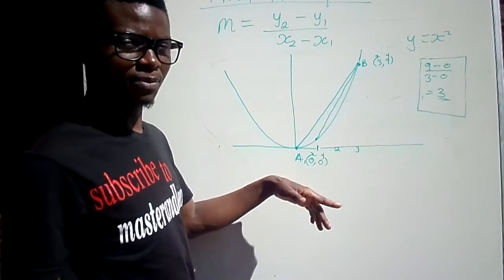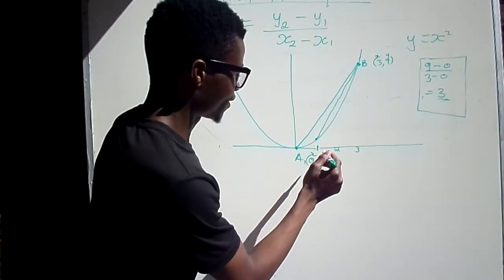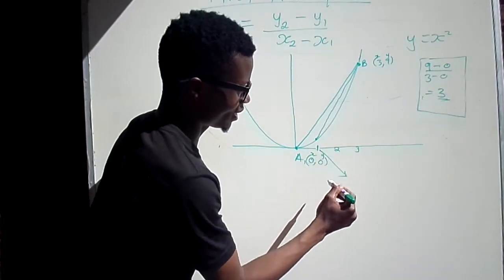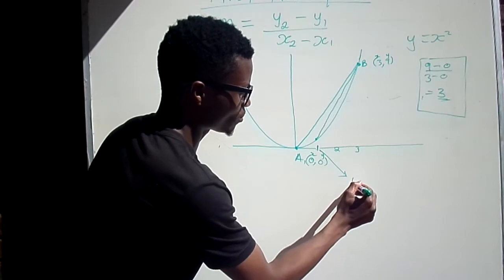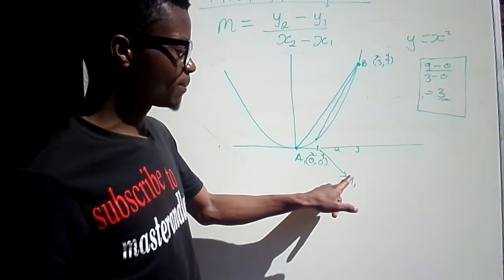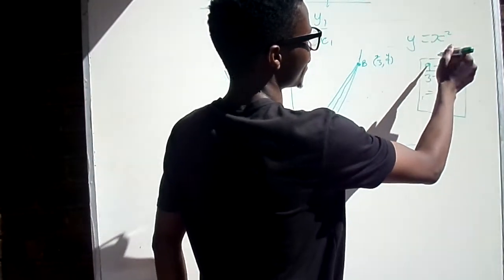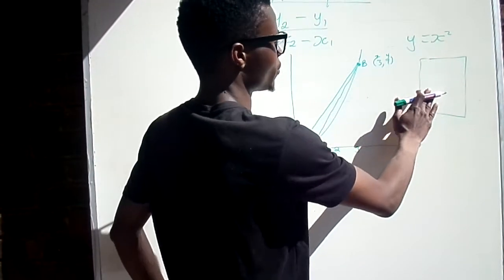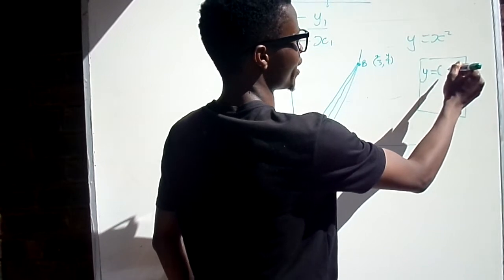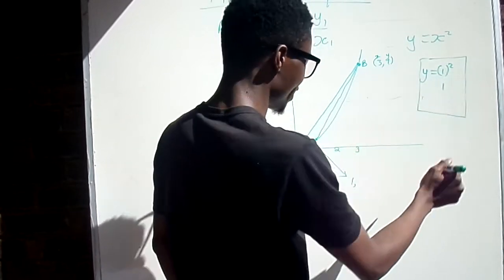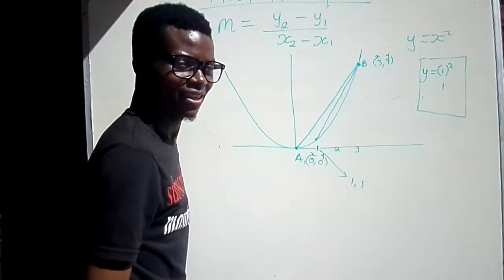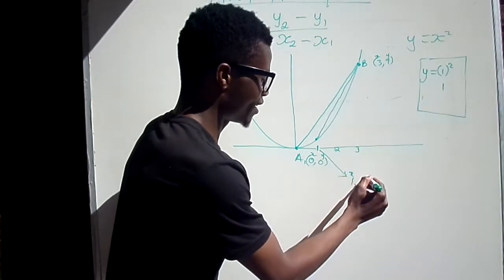What's going to be the corresponding y? At these points, I'm just going to put a line right here for you to see. When x is 1, I have to substitute x into the curve. So to get the corresponding y, y is equal to 1 squared, which is still 1. So at this point, I have 1 and 1, which is my x and my y.